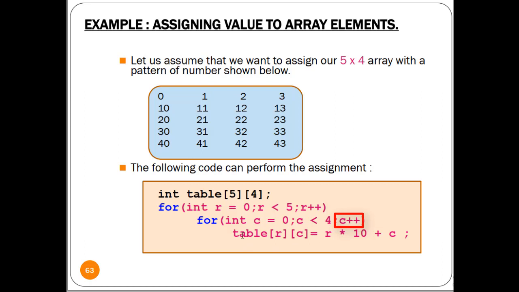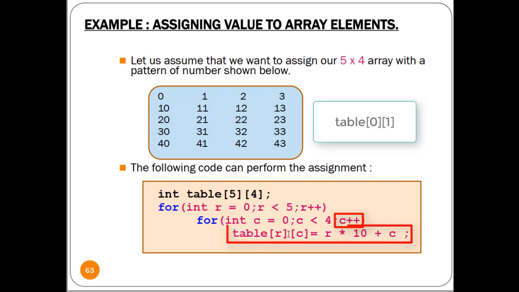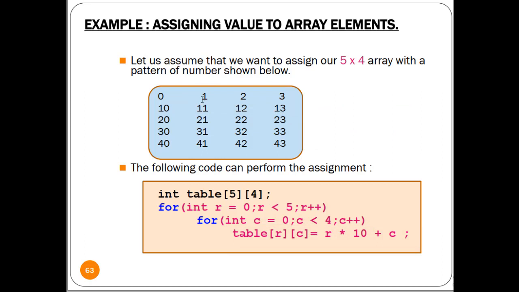The next element would be table[0][1], which means the first row and the second column here. We want the value of 1, so this is going to be 0 times 10 plus 1. So we have value 1. At the end, this nested for loop will iterate 20 times, which is 5 times 4, and assign values according to this equation to our 2D array.